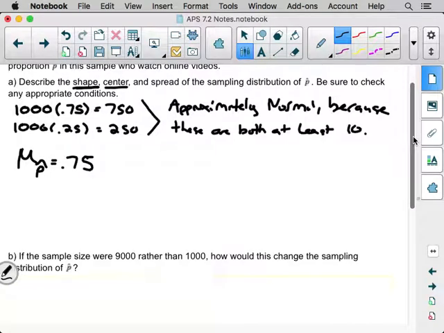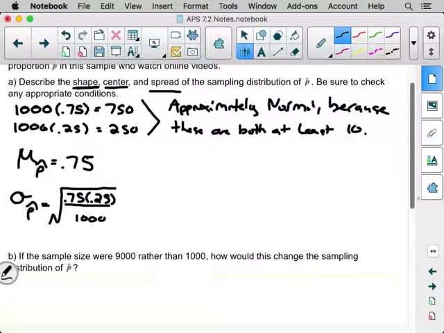And finally, spread. Well, when they say spread, what do they really mean in this case? What do we know how to calculate? Standard deviation, yeah. So this is asking for standard deviation, which again is just a formula that we can use, right? It said take the parameter value, the opposite of it, and divide by the sample size.